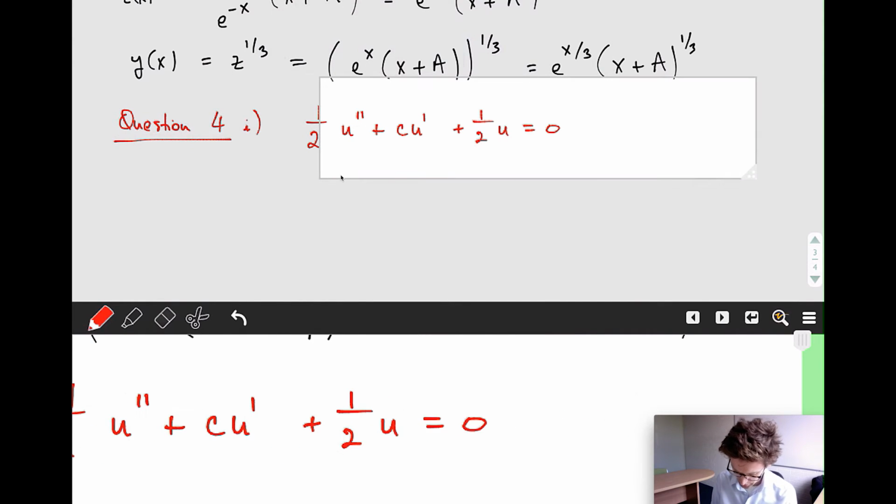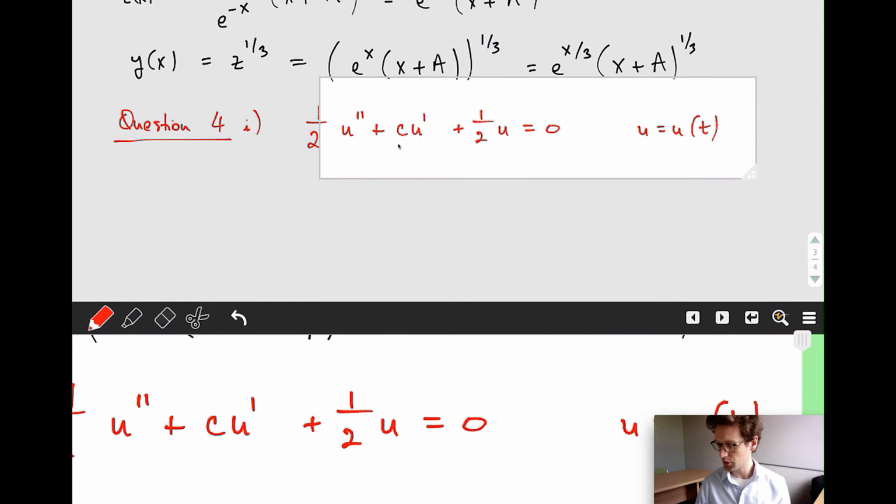So we're thinking here of u as a function of time, let's say. The independent variable isn't actually specified here, so I'm going to treat t as being my independent variable. So we're looking for the values of c that gives us the various types of solutions that we can get for this ordinary differential equation.